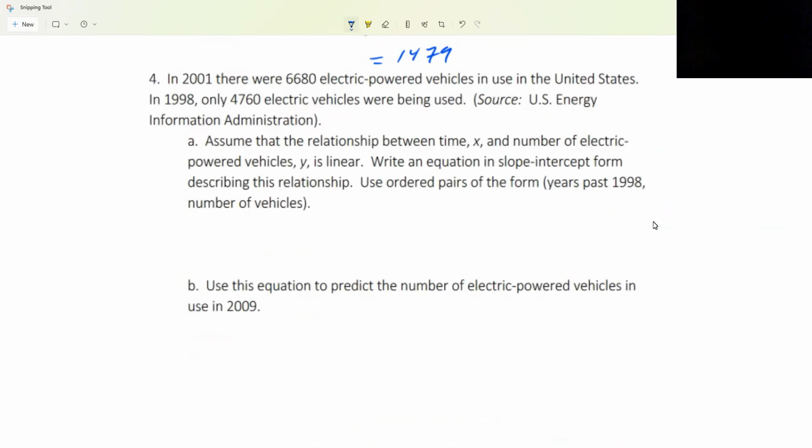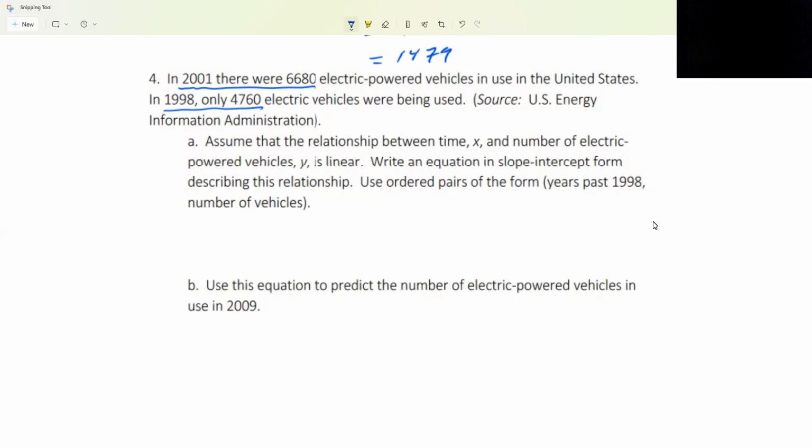All right. So I'm going to use these two things right here. In 2001, there were 6,680 electric powered vehicles. In 1998, there were 4,760. Assume the relationship between time, x, those are the years, and the number of electric powered vehicles, that's y, is linear.